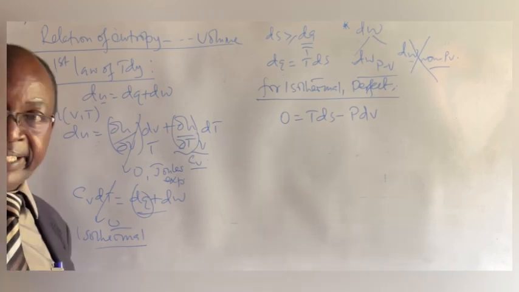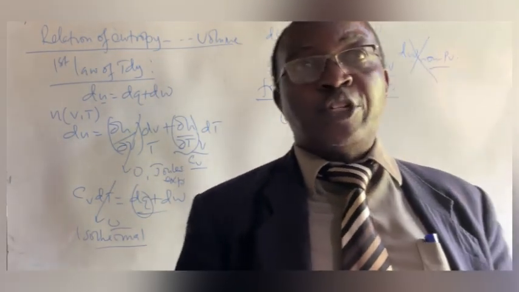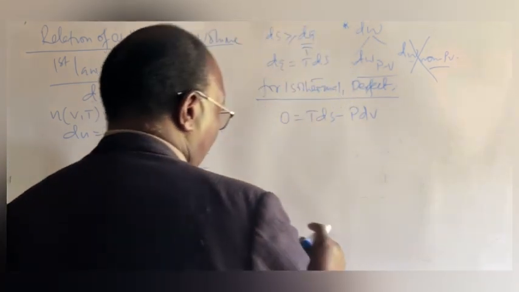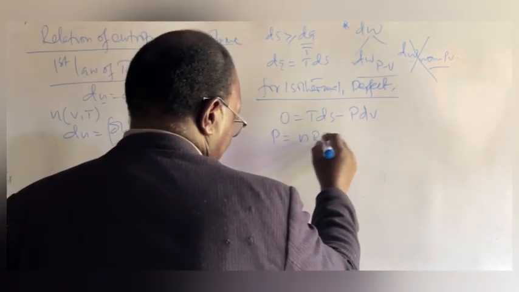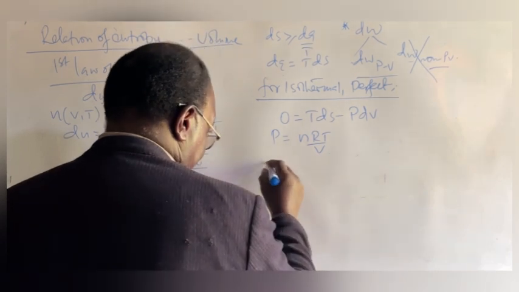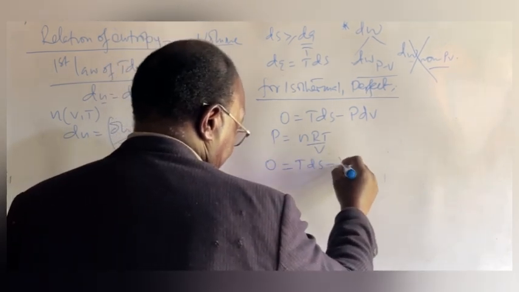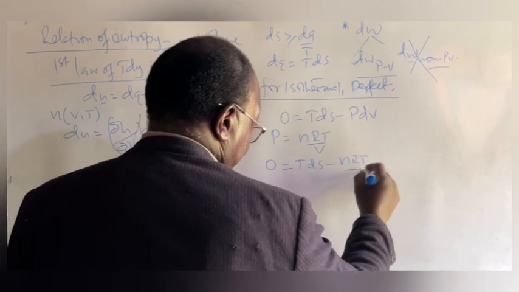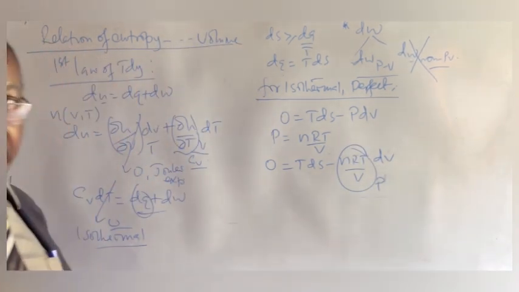And we have said that the gas is perfect, so we use the ideal gas equation of state. That is P is equal to nRT over V. So we plug that in there. So we have T dS minus nRT over V dV. Remember, this is P.